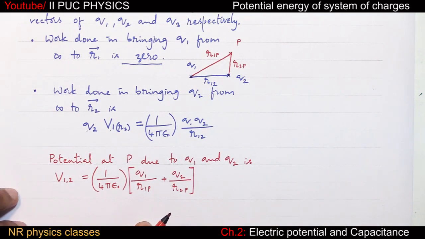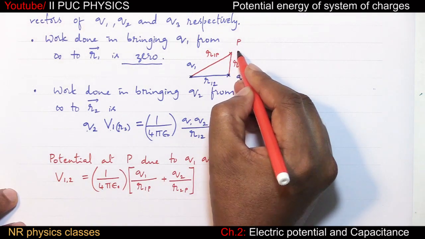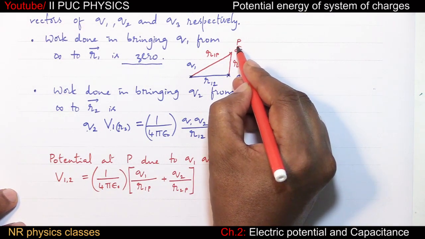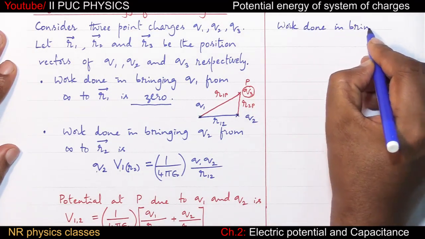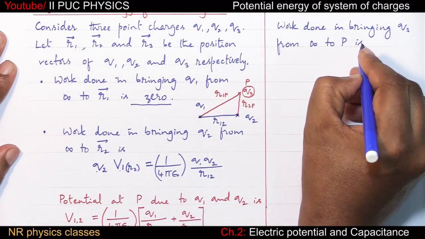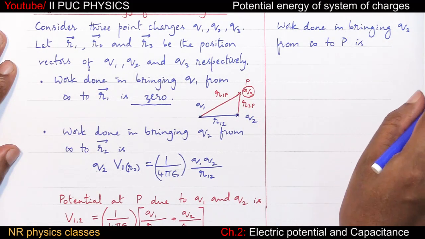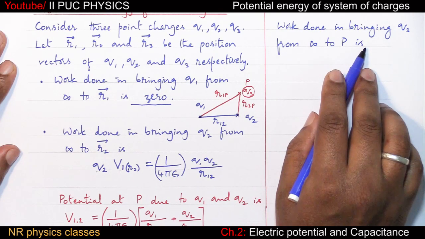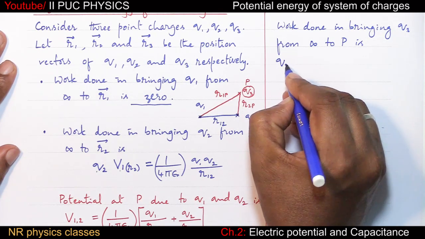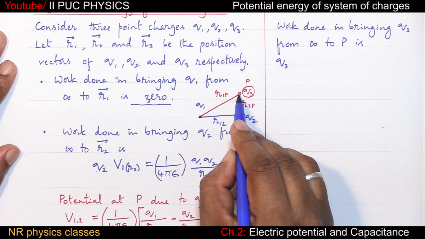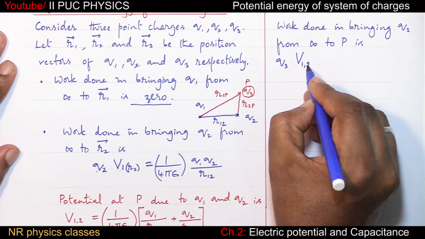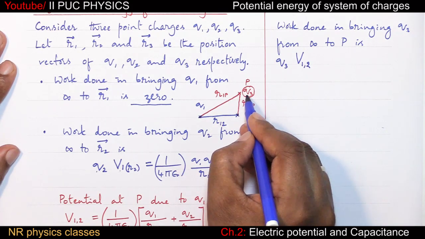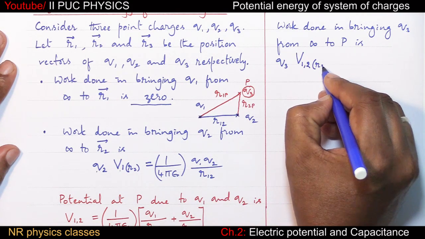Now, let us bring Q3 from infinity to point P. Work done in bringing Q3 from infinity to P is Q3 brought at this point where there is potential due to first and second charges, and Q3 has a position vector R3.